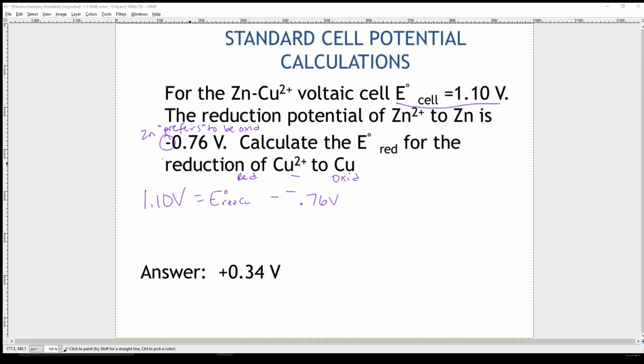Okay, so minus negative 0.76, two negatives, that becomes positive. Now I'm going to subtract 0.76 volts from both sides. And I will end up with, for copper, a reduction potential of 0.34 volts, positive. Okay, that's another type of problem you could run into.